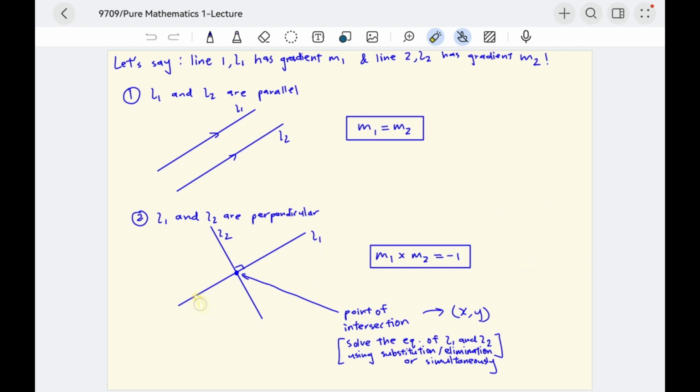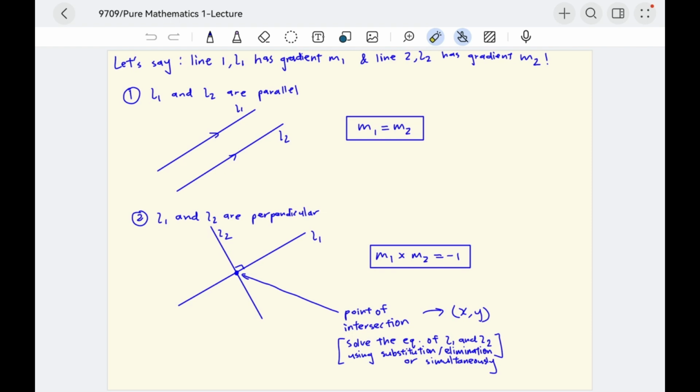Basically, tangent theta is related to the gradient of the tangent line, not the straight line, but its slope. So how do we prove these two statements? We can just use the definition of the tangent ratio.